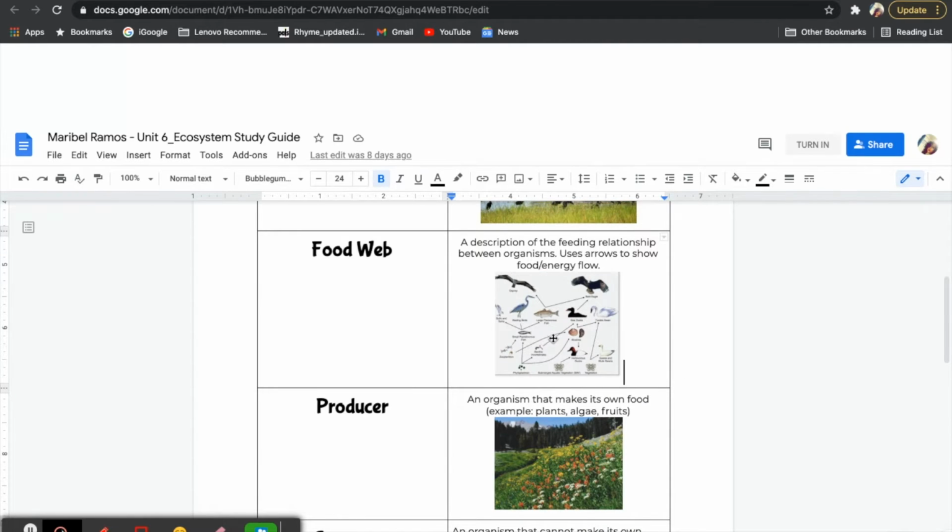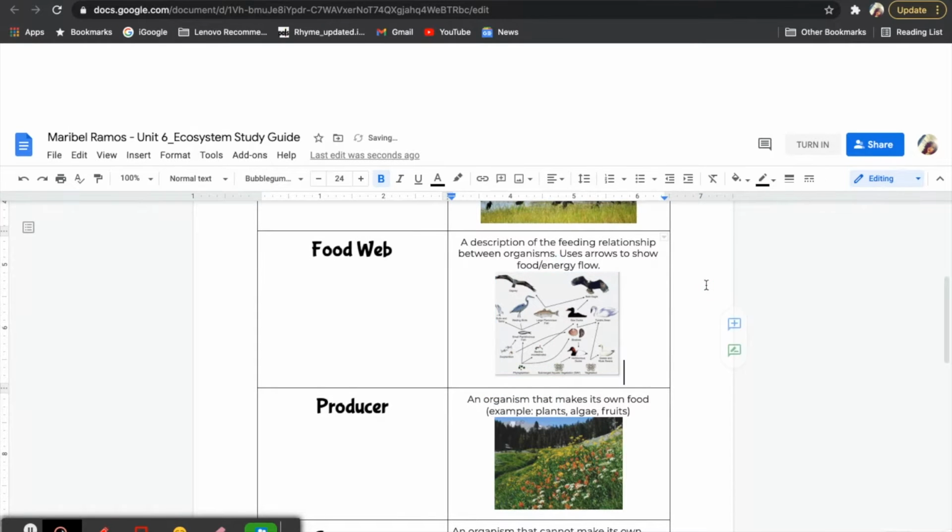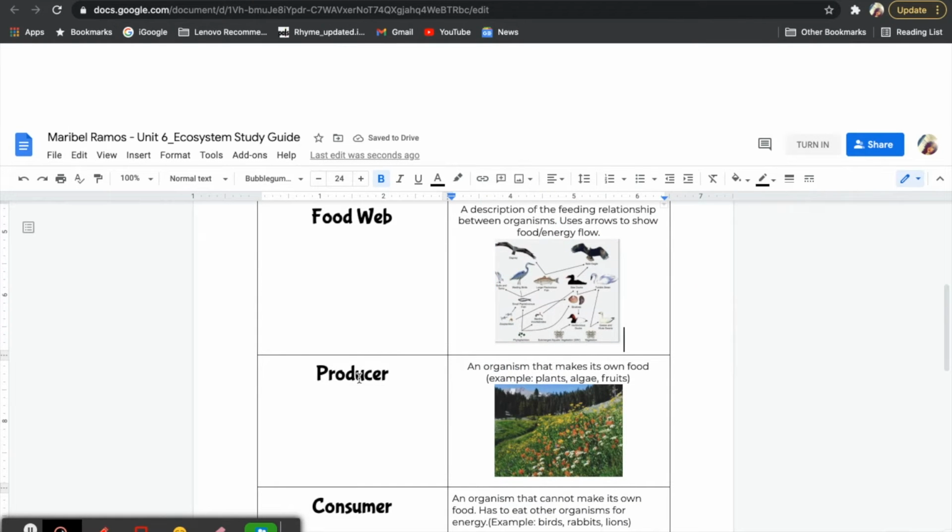Now, within a food web, different organisms can play different roles. For example, there are producers. Producers are all those organisms that are able to make their own food.